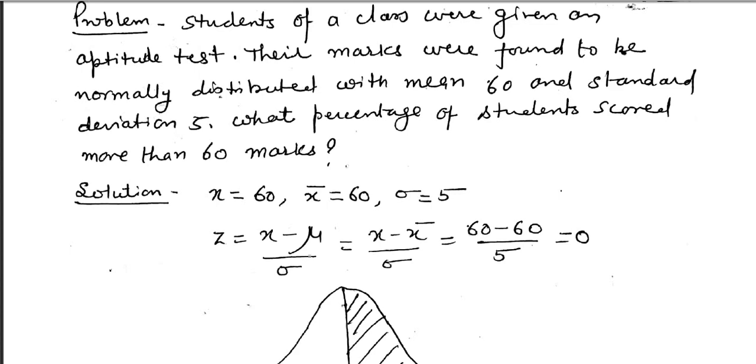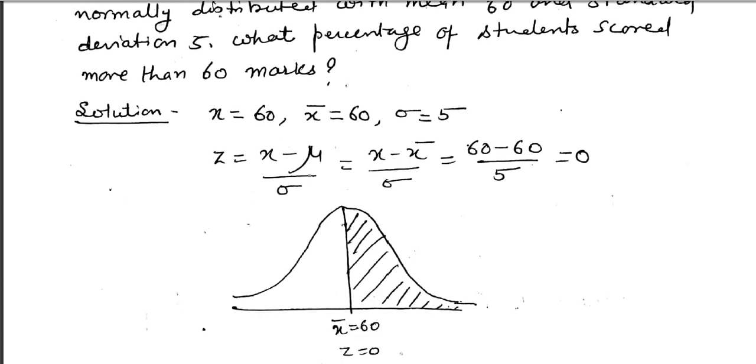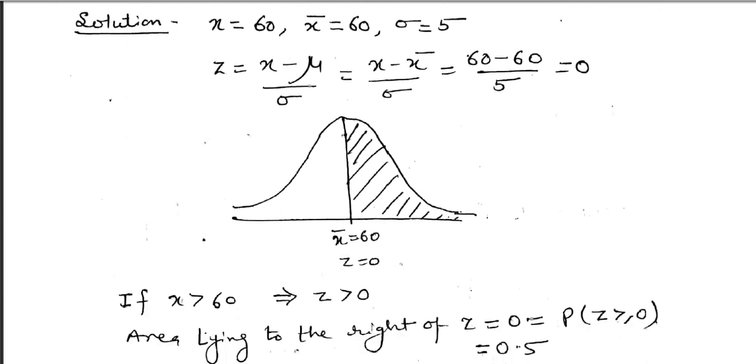So first we draw a normal curve using the given information. Look here, the mean is represented by x bar equal to 60, and the standard deviation is equal to 5. So z is equal to (x minus mu) upon sigma, which is equal to (x minus x bar) upon sigma. So this is equal to (60 minus 60) upon 5, which is equal to 0.